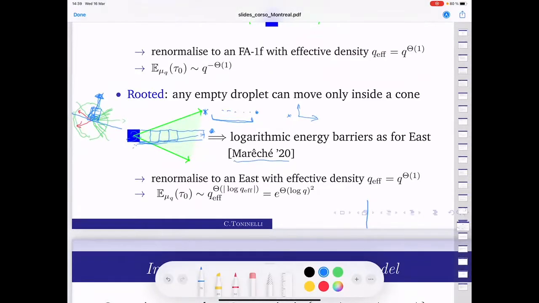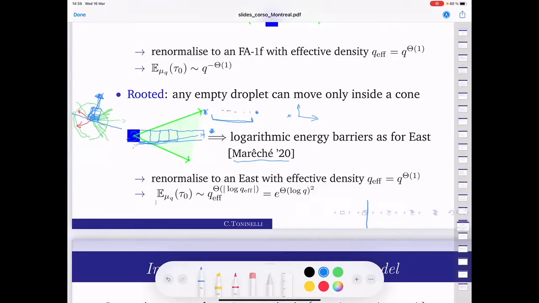But anyway, from the point of view of the heuristics of the dynamics of the model, you should think of these rooted models as performing an East dynamics, a dynamics in which, in order to move these droplets, these entities that can be moved in one direction, you have to cross a logarithmic energy barrier.